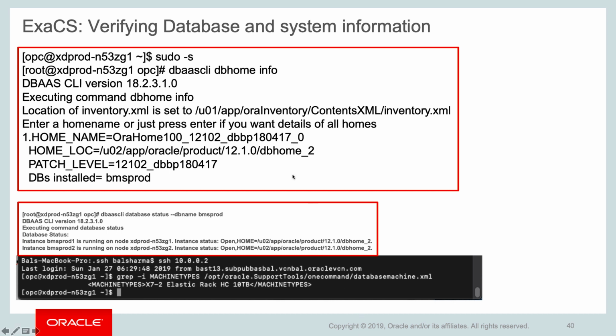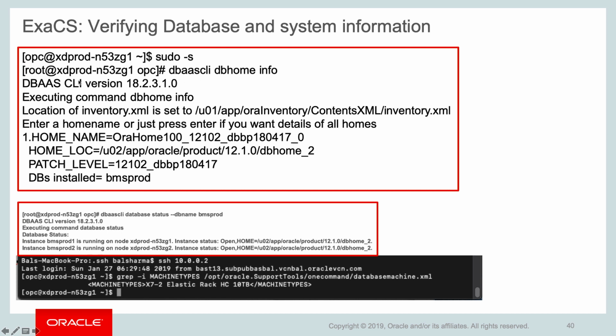Once the Exadata system is provisioned, we will be verifying the database as well as system information. So the first time you have to log in, you will be using the opc user, and opc has sudo rights. So it can sudo to root, grid user as well as oracle user. From the root user, I have given a command, dbaascli, which is a command line interface, dbhome info.